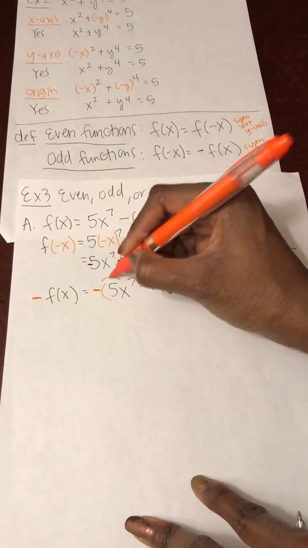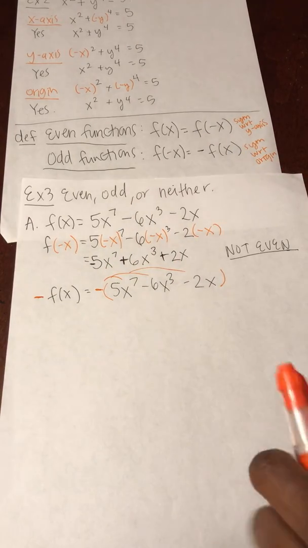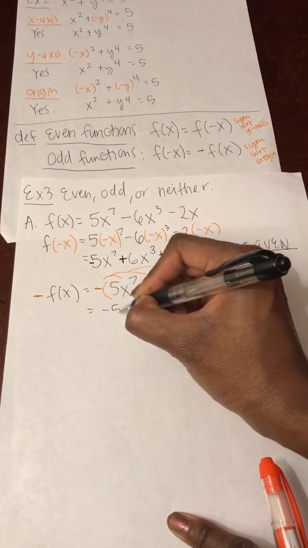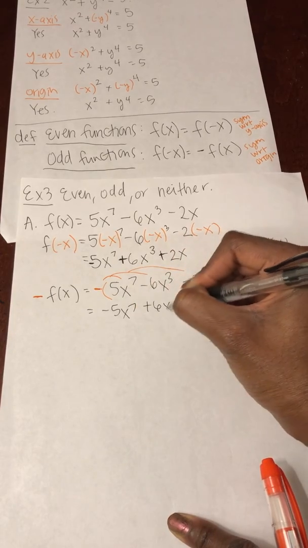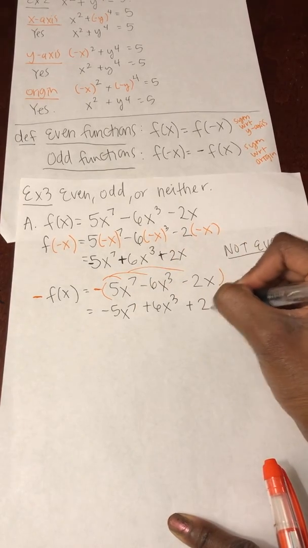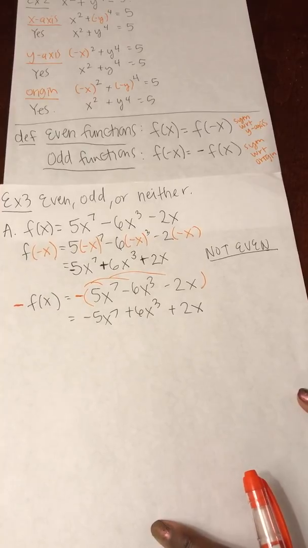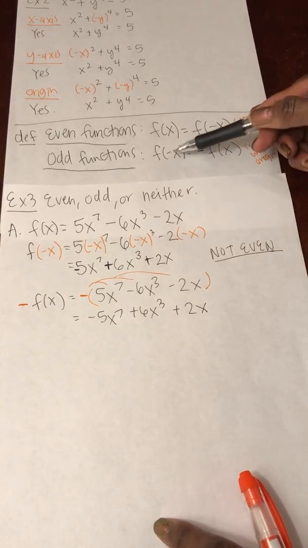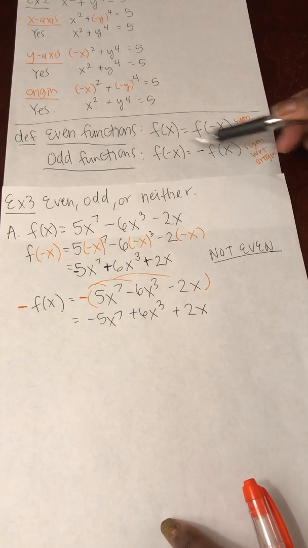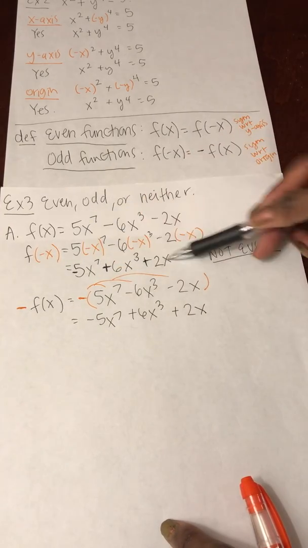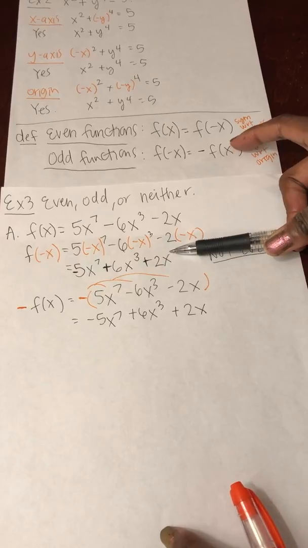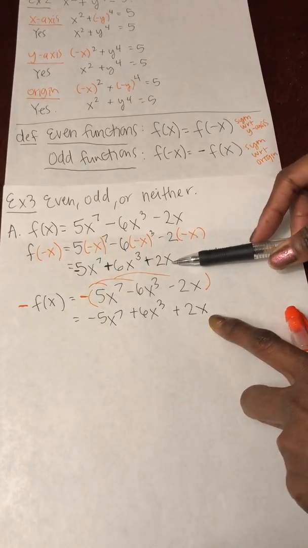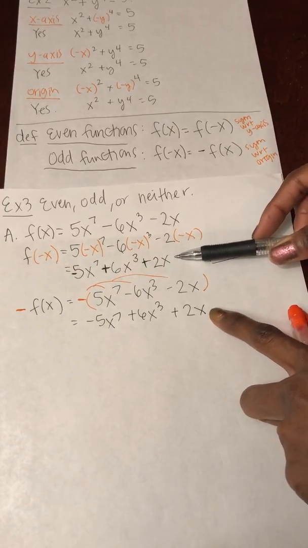And then I need to distribute that negative to each of my parts, okay? So this is going to be equal to negative 5x to the 7 plus 6x to the 3rd plus 2x, okay? So to determine whether it is odd, we need to take our f of negative x, which is here, and compare it to our negative f of x, which is here. And we want to know if they're the same.